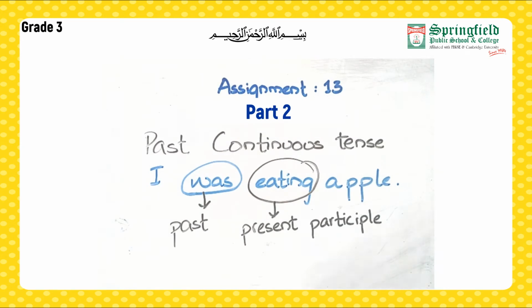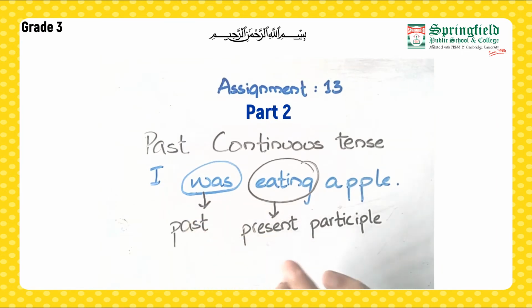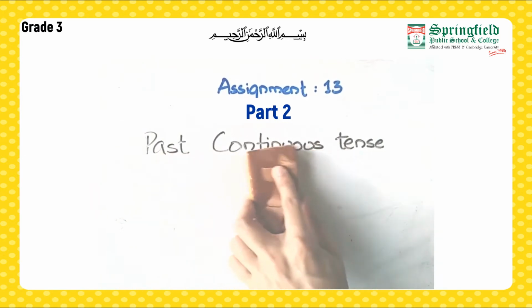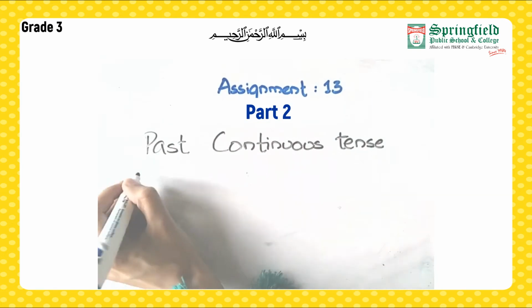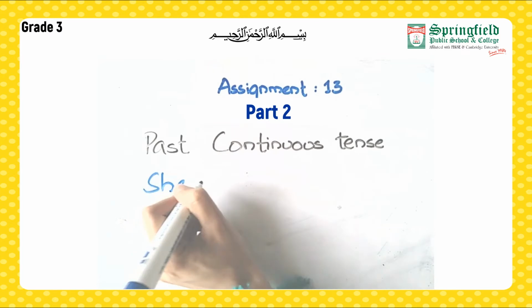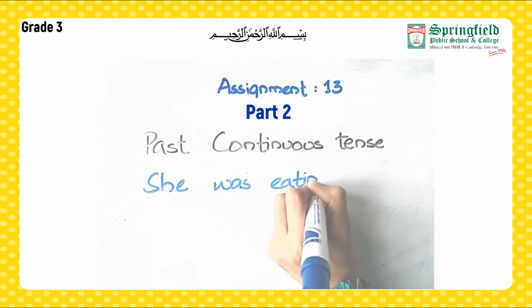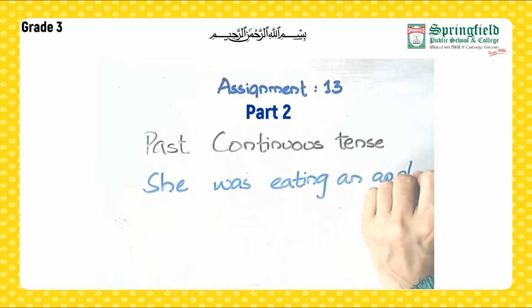So, whenever we are talking about past continuous, only was and were will change, whereas the verb will remain the same, that is present participle. Now, let's take another example. Like I already told, I was eating. So when we are writing, she was eating an apple.